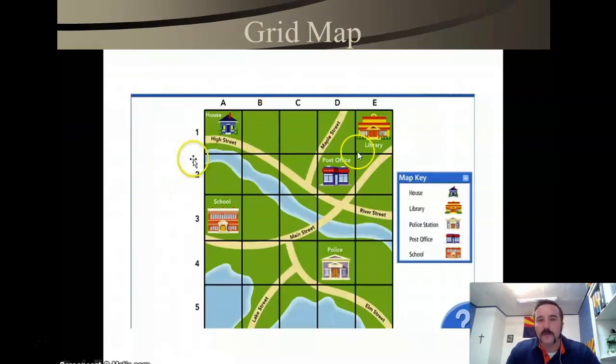And a grid is just a bunch of squares. You're going to see the A, B, C, D, E, and 1, 2, 3, 4, 5. Now, in order to read a grid map, you always start with the letters first. Don't know why it's that way, but that's the rule. You start with the letters first.